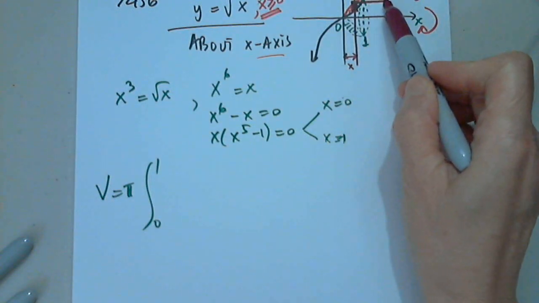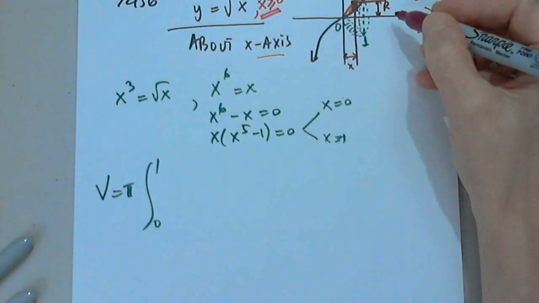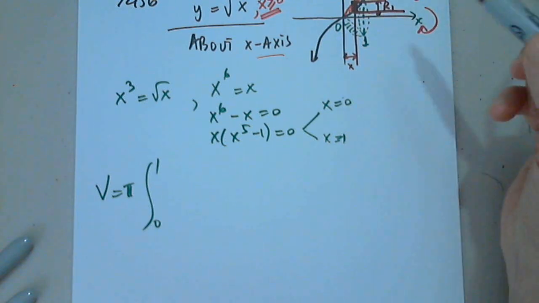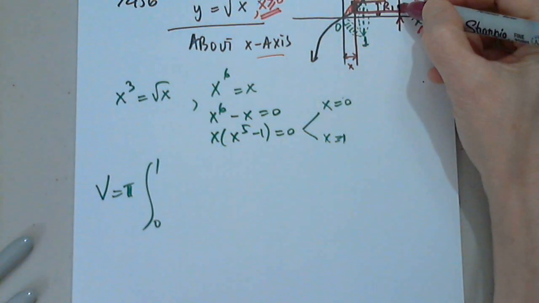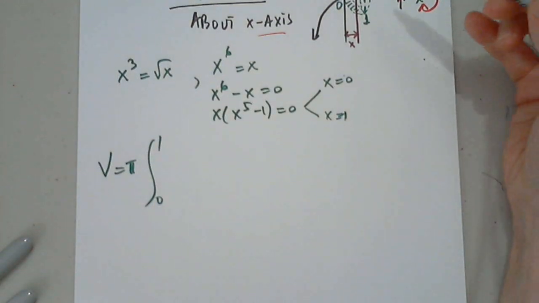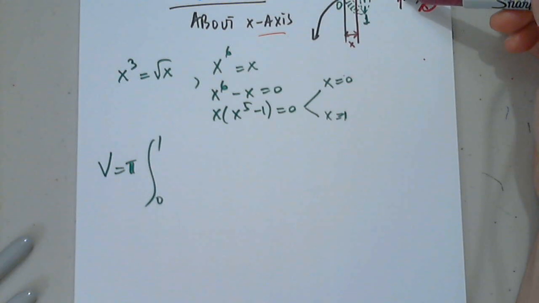This is one radius, I'm going to call it R1. And here is the other radius, I'm going to call it R2. So therefore, R1 squared minus R2 squared.